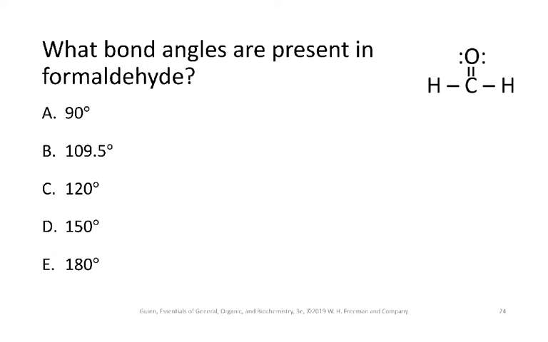Okay, same molecule. What bond angles are present? Well, it's definitely not 90 degrees. It looks like it in the Lewis structure, but we know Lewis structures are not always correct in the actual shape. So it's trigonal planar, right? So trigonal planar means 120 degrees.